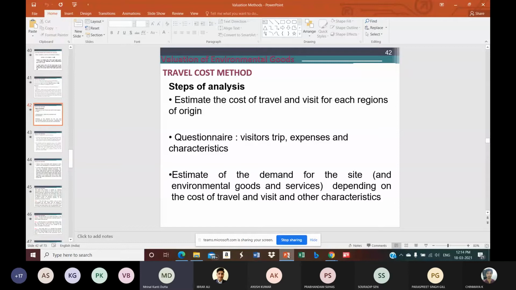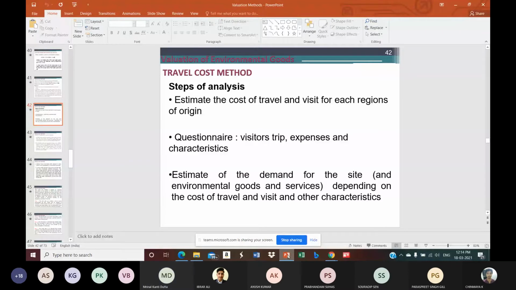And many a time, this is done through the individual travel cost method. In the case of the individual travel cost method, as we pointed out, there might be individual interviews with the help of certain schedules or questionnaires. So certain information regarding the visitors' trips, expenses, and other characteristics, in the form of maybe socioeconomic information of the visitors, might be collected.